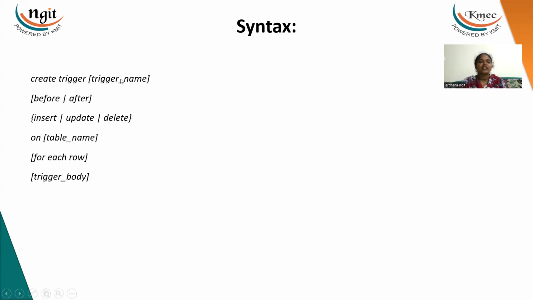We can mention the trigger name, and then these are the events, that is, at what point of time the trigger has to be fired or generated, whether before the DML or DDL command is executed or after the DML or DDL commands are executed, on so-and-so table name, for each and every row, or to perform that operation based upon a criteria. And what has to be performed is specified within the trigger body. So this is the syntax for a trigger.